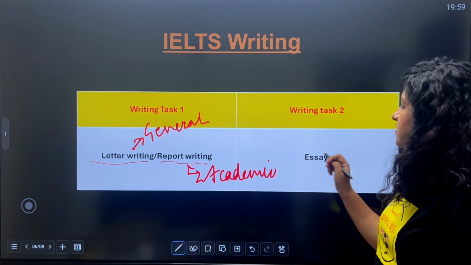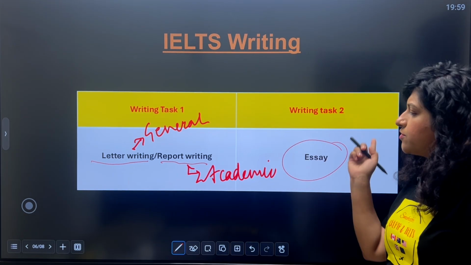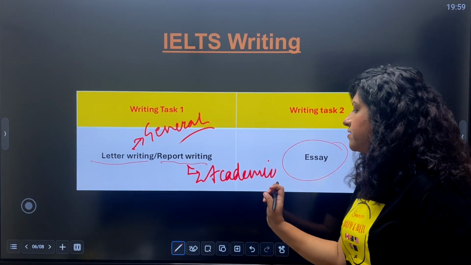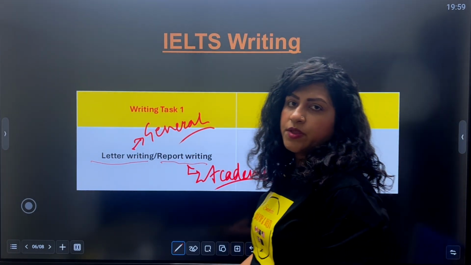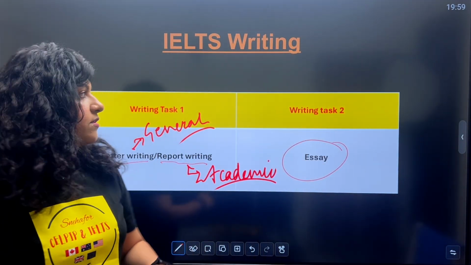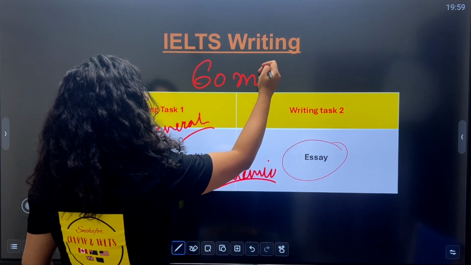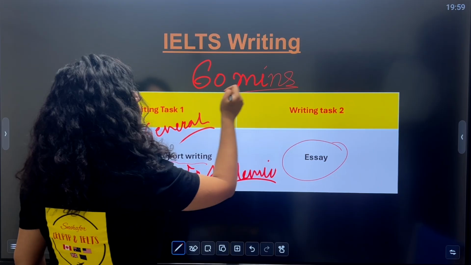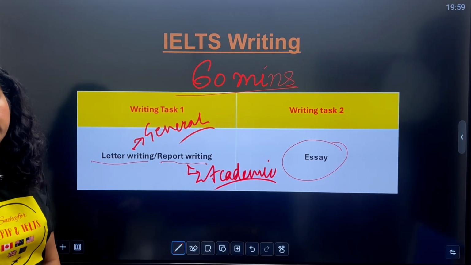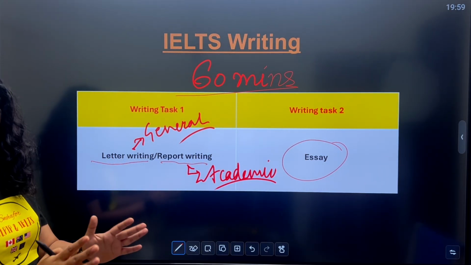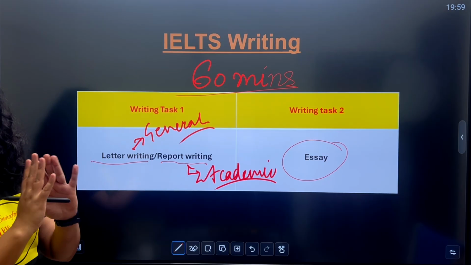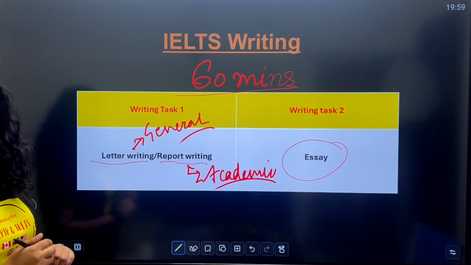Task 2 is essay writing. So it's common in both the types, whether it's general or academic. You are given a total of 60 minutes again for this module. It's not divided between the 2 tasks. You are given a total of 60 minutes for both the tasks.